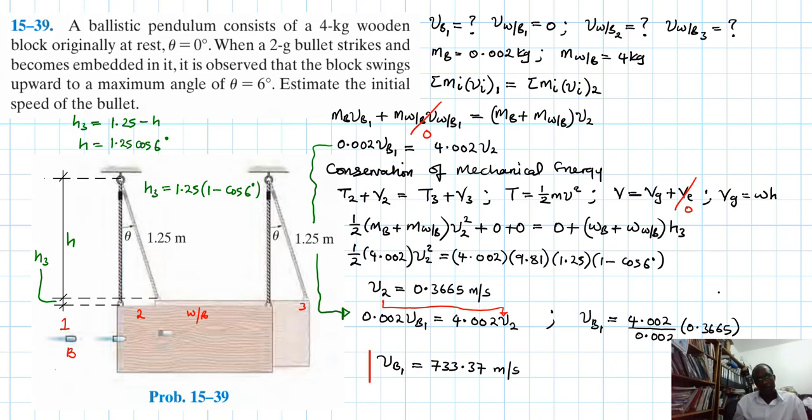This one, if I still remember, should be closer to the speed of a bullet from an AK-47 weapon, right? About 700 meters per second, right? I think so. So this is 733.37 meters per second. I think this is really about it.